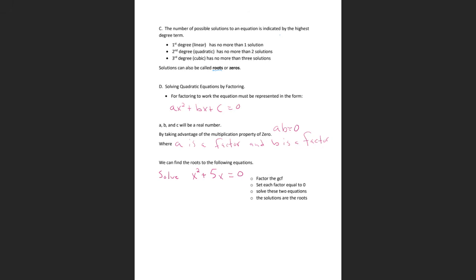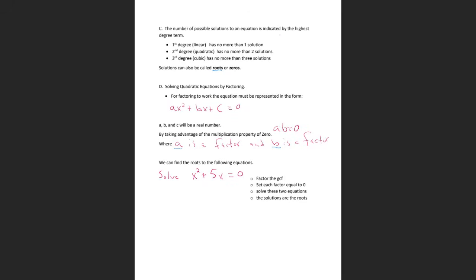Again, we're going to be taking advantage of the multiplication property of 0. A times b is equal to 0. And again, what this means is a is going to be a factor, and b is going to be a factor. So as we move forward, we're going to be, again, factoring expressions.